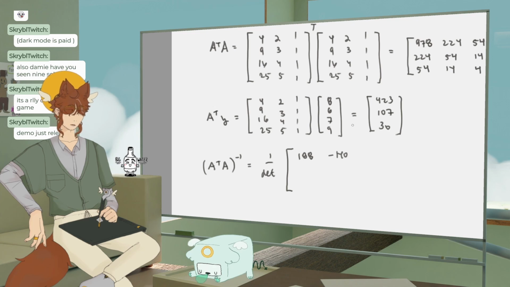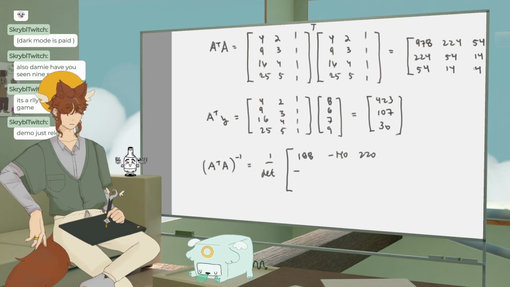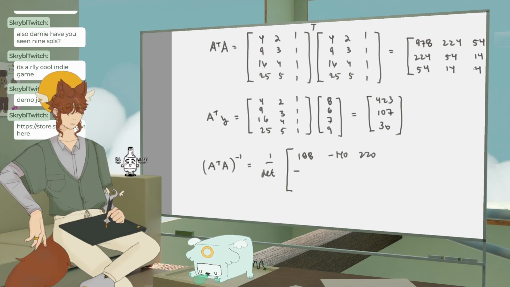Yeah, this is faster, I think. 220. And then we do minus, what do we get? 224 times 4 minus 54. Oh, I'll have to put the transpose on.